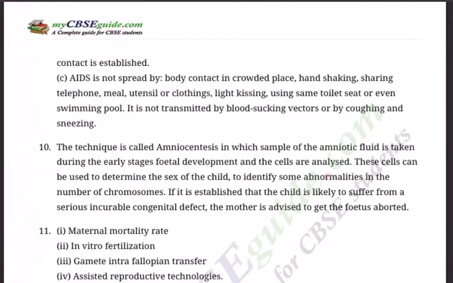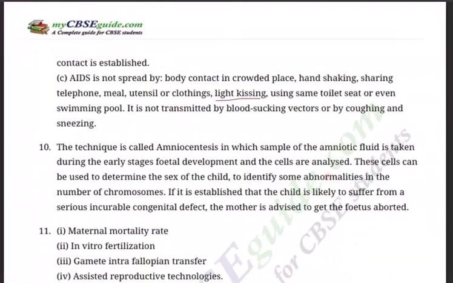C, AIDS is not spread by body contact in a crowded place, handshaking, sharing telephone, meals, utensils, clothings, and light kissing. Of course, now there is some sort of objection for this. Using same toilet seat or even swimming pool, it is not transmitted by blood-sucking vectors or by coughing and sneezing.